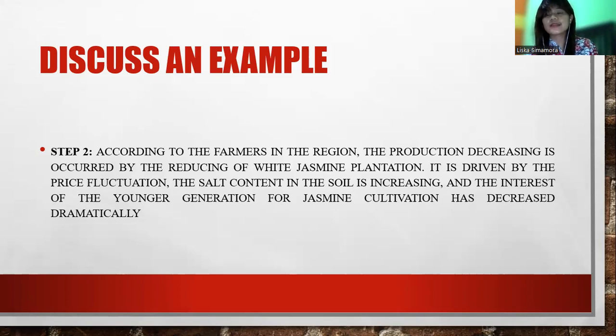And also the reducing of the white jasmine plantation is because the salt content in the soil is increasing. Why is it increasing? Because the farmers say that the sea level, because that area is nearby the sea, is increasing.